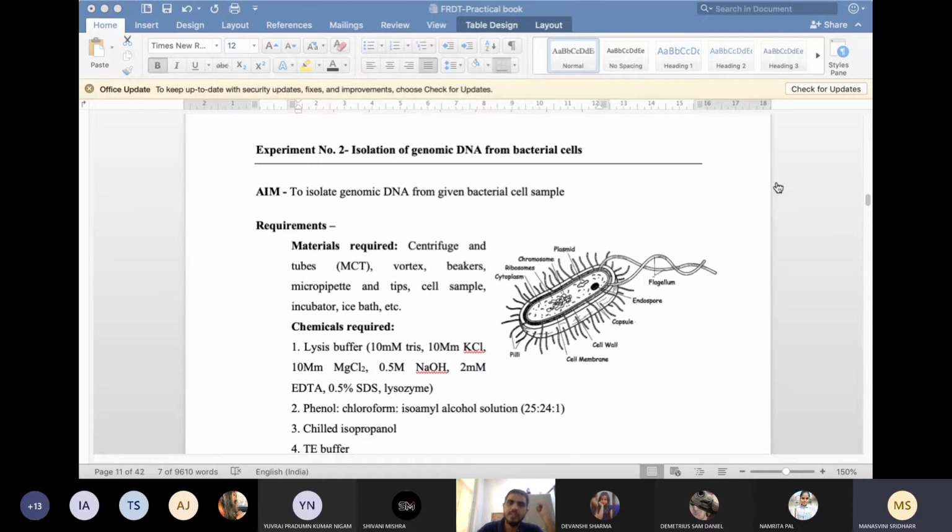Yes, so Devanshi, you rightly mentioned that the term genome means the totality. Wherever you utilize the term ome, it stands for the totality. So in total, whatever genetic material you have, you call it the genome. If you refer to the human genome, we have 46 chromosomes, and second, we also have mitochondria, which also have genetic material.